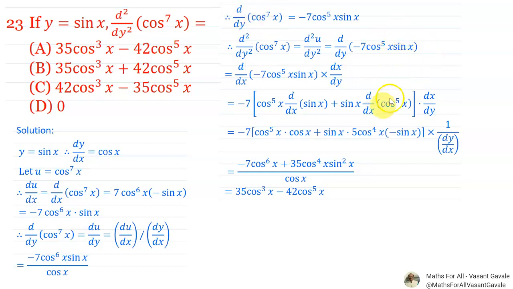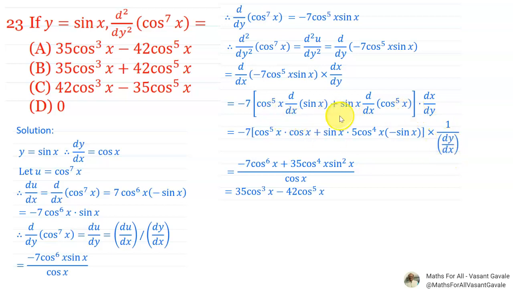Okay. Again we will find its derivative. That is d by dx of minus 7 cos of x raised to 5 into sin x into dx upon dy. Again we will find its derivative. Okay, by using the product rule, minus 7 is kept outside, cos of x raised to 5 d by dx of sin x plus sin x into d by dx of cos of x raised to 5, into dx upon dy. Here the chain rule is applied for dx upon dy. Okay, and that is then written as 1 upon dy by dx.